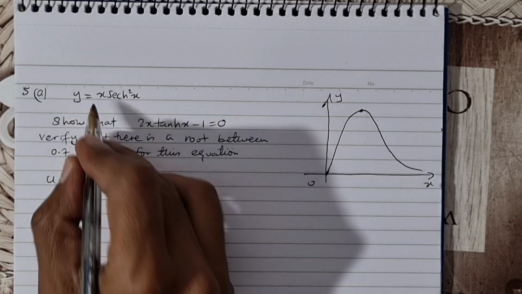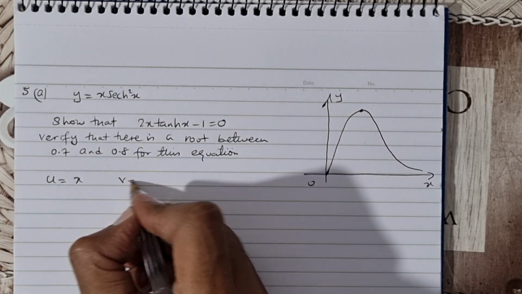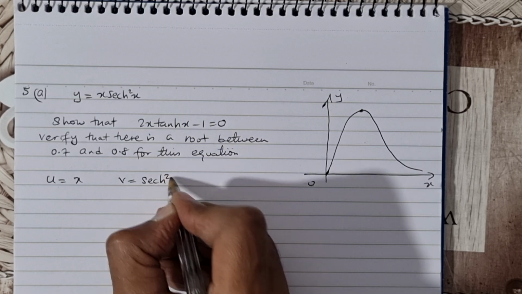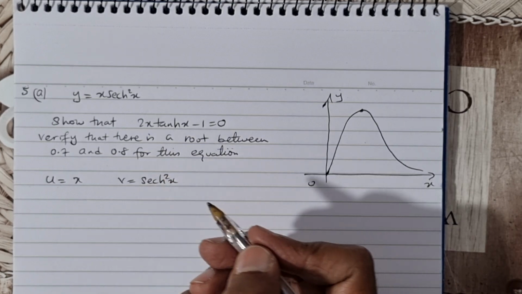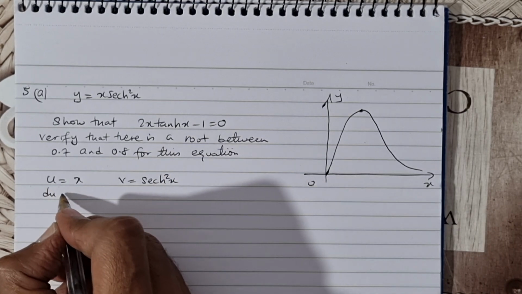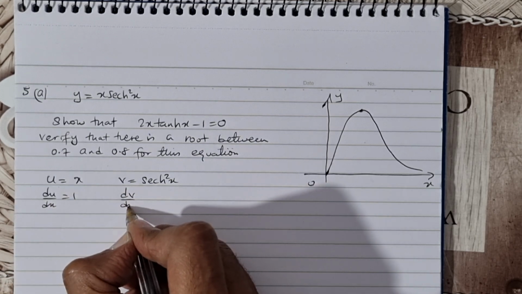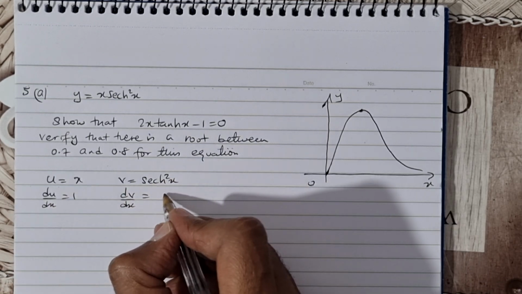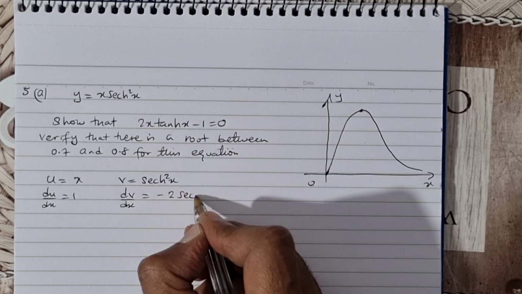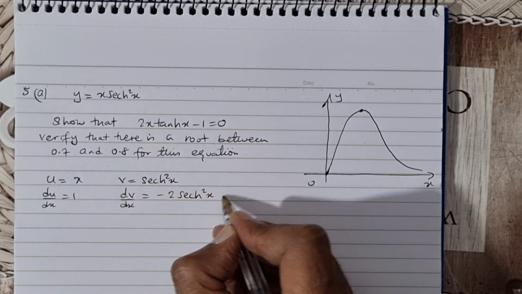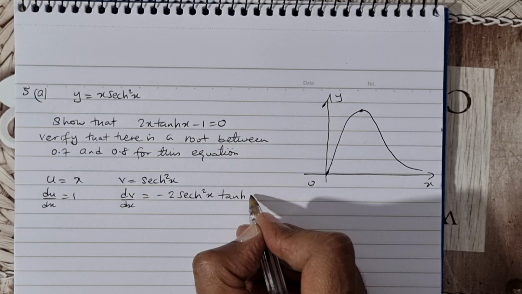We can take u as x, using the product rule, and v equal to sech²x. Then du/dx equals 1, and dv/dx, if you differentiate this, you get negative 2 sech²x tanh x.